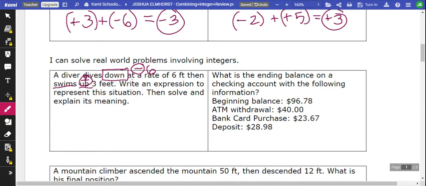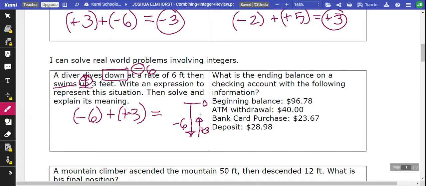Okay, so a diver is going underwater, and so we have -6, and then we have +3. So here we have 0, goes down -6, and then comes back up +3.